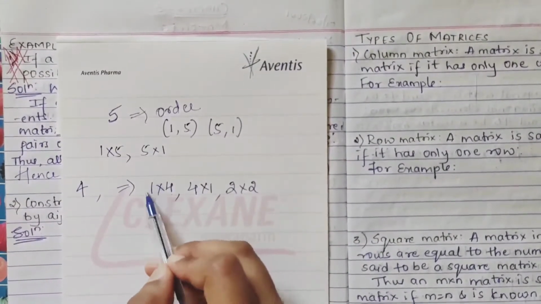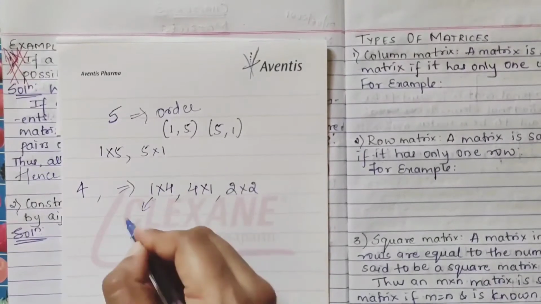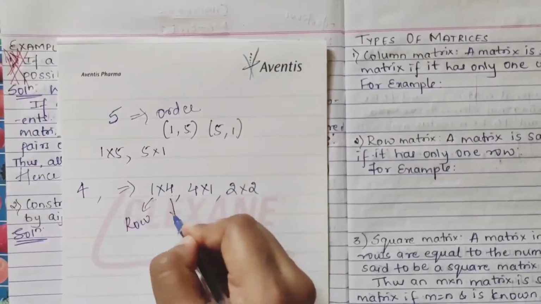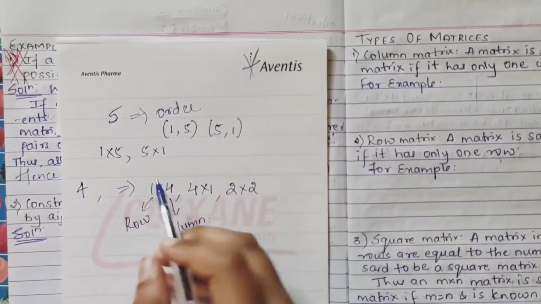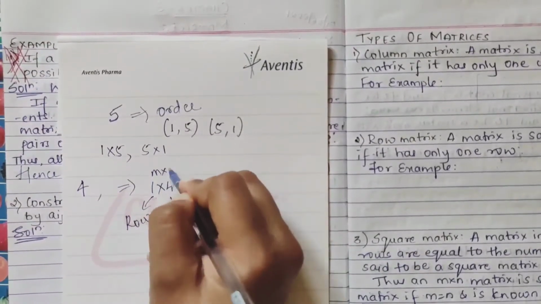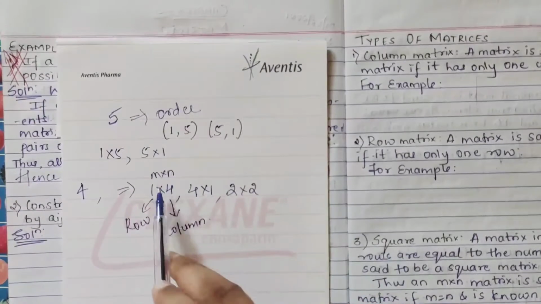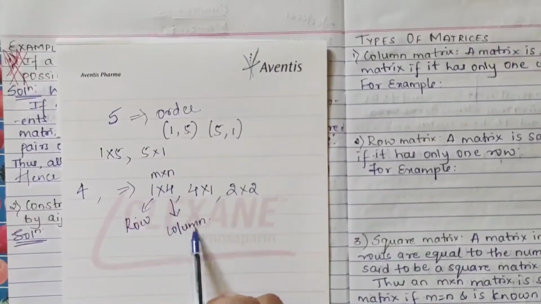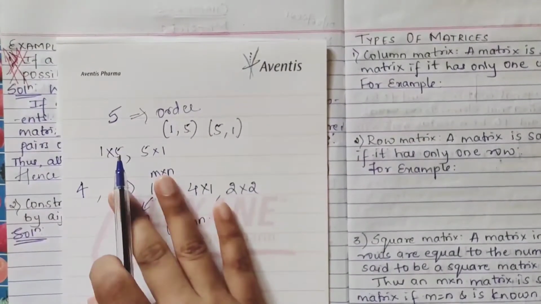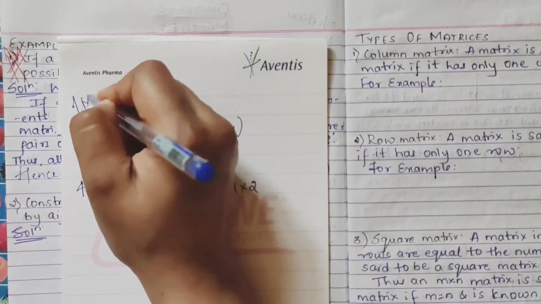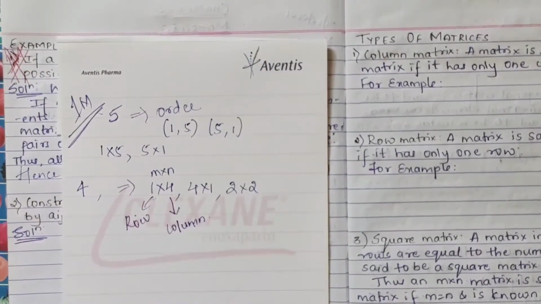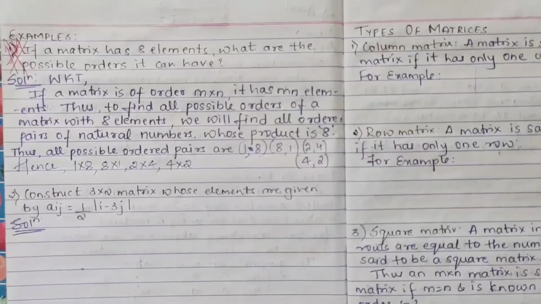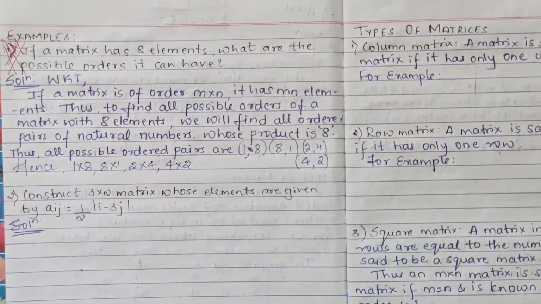In m cross n, m represents your rows and n represents your columns. Such problems come for 1 mark, so note it down. You can pause the video and note all the sentences.